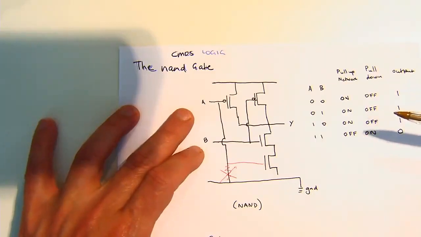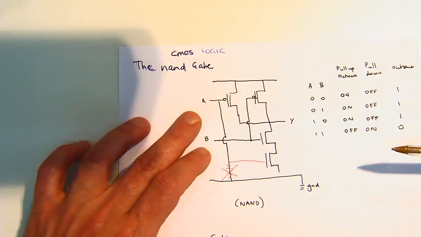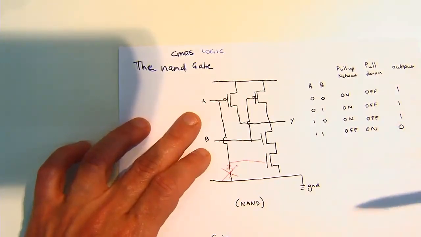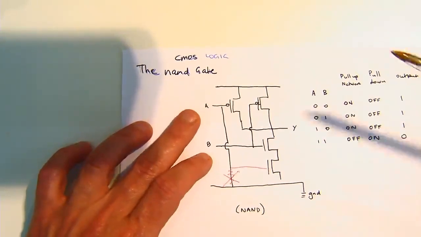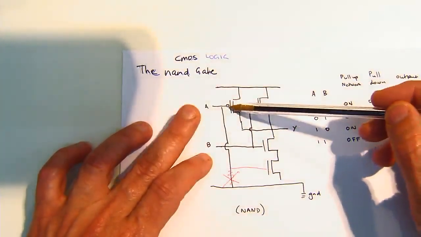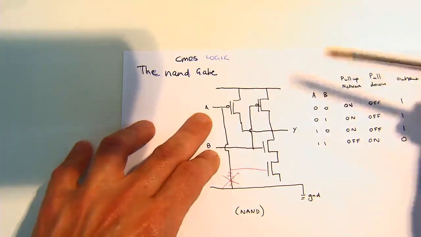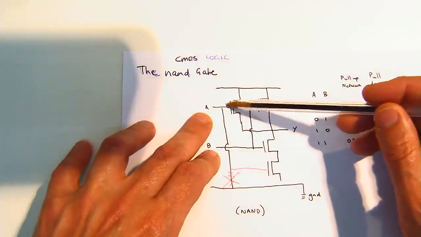Can someone give me a very quick indication? You must have done this all before. Okay, tell me how it works. What happens when A is high? Or let's start by looking at A being 0, which means ground.